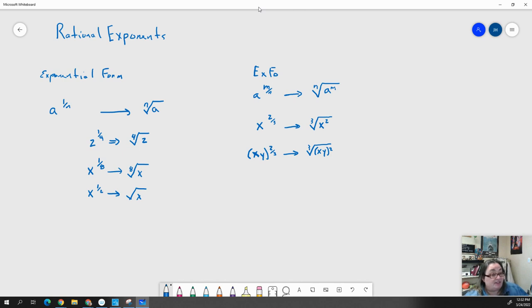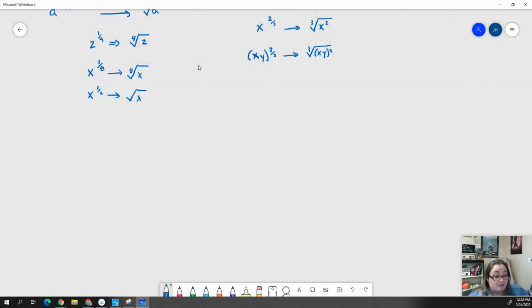Pretty easy so far, pretty easy to follow, because it really doesn't get a whole lot more difficult than that, as long as you know how to break these down, right? So we'll do a bunch of different examples, and then I will set you free. You're just rewriting them in different forms, and you're going to go back and forth, right? If I had the cube root of xy squared, and I asked you to put it in exponential form, you would rewrite that as xy to the 2/3, right?